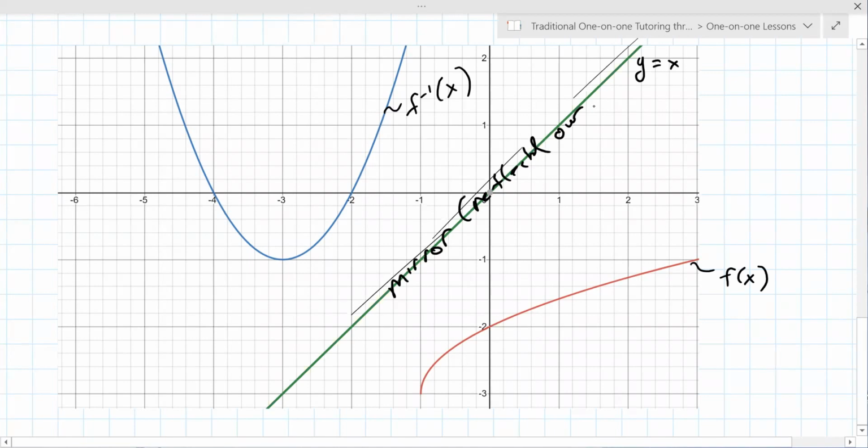More generally, this point right here, -1 comma -3, corresponds to this point right here, -3, -1. What do you notice about these 2 points? How would you describe them to someone not taking this class, without talking about inverses?